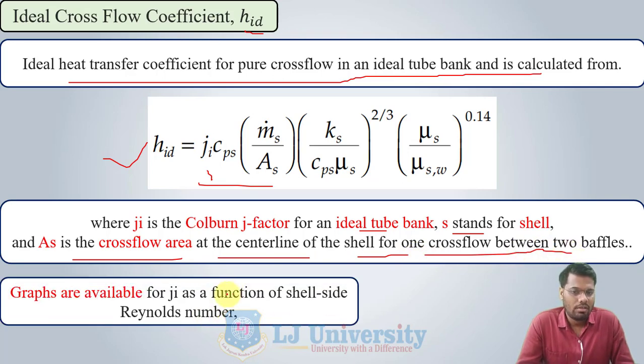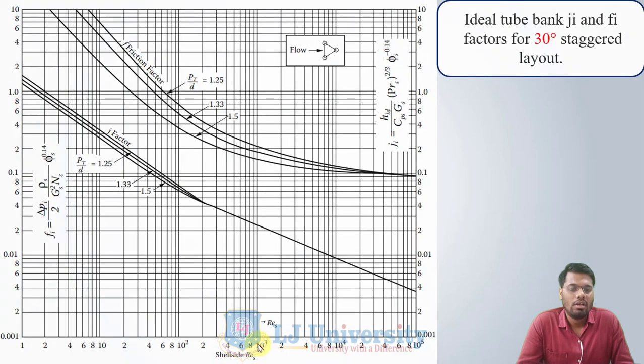Graphs are available to calculate the value of Ji as a function of the shell side Reynolds number. From the value of the Reynolds number and the ratio of pitch to diameter, Pt by d, for the different layouts, this one is for the triangle layout of 30 degree.